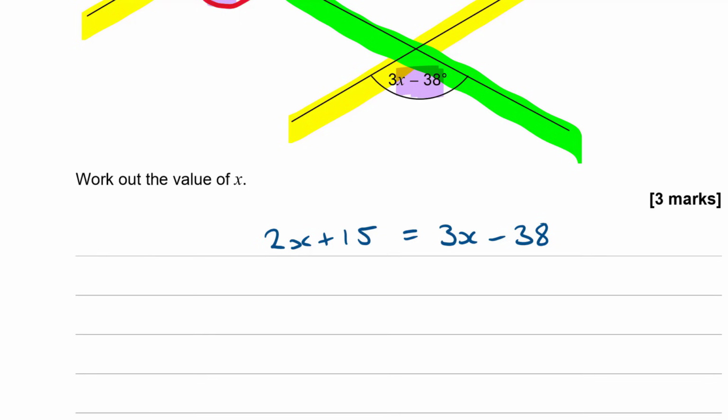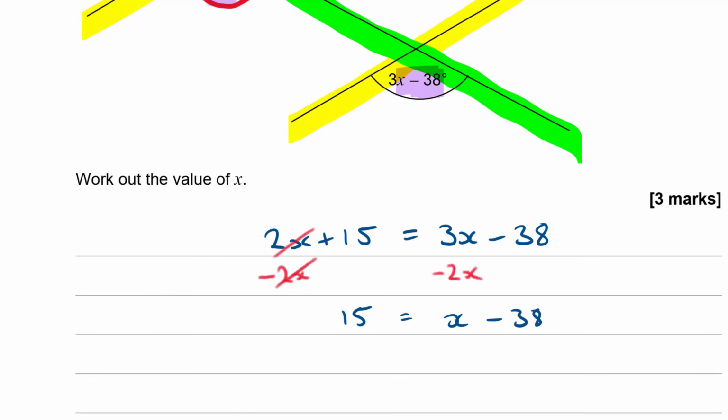Firstly, we've got x's on both sides. So let's simplify it a little bit by subtracting 2x from both sides. If I take 2x from that side, they'll disappear. If I take 2x from the other side, it's going to leave me with 15 is equal to x minus 38. Okay.